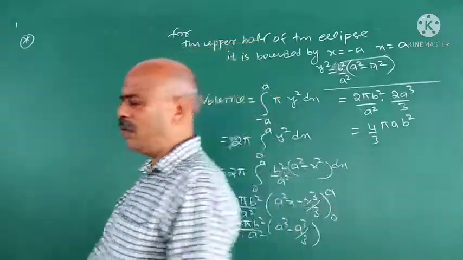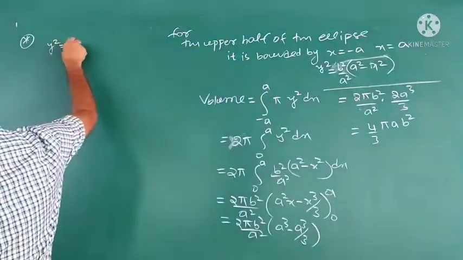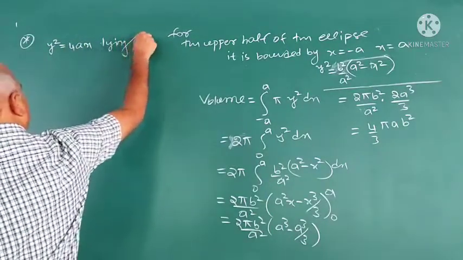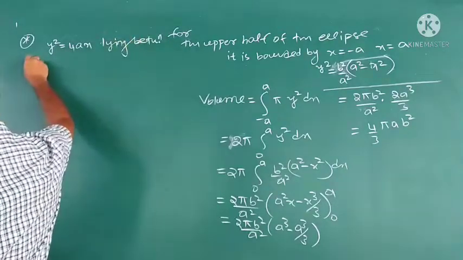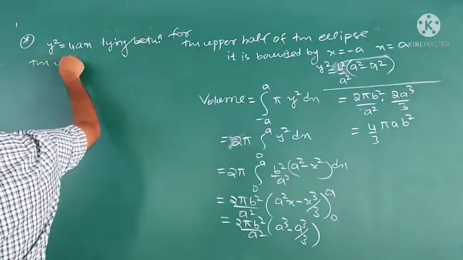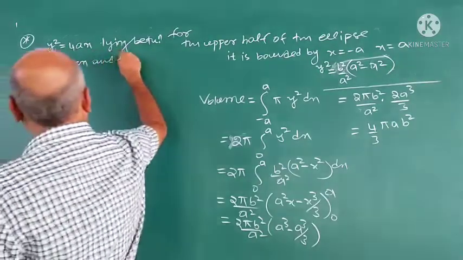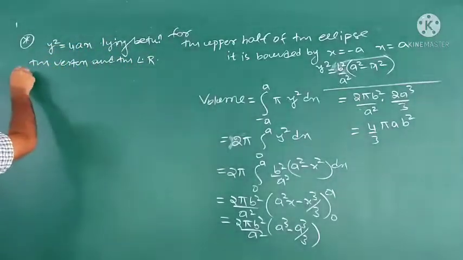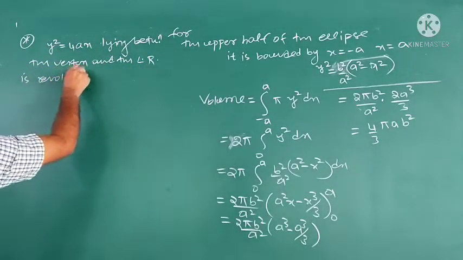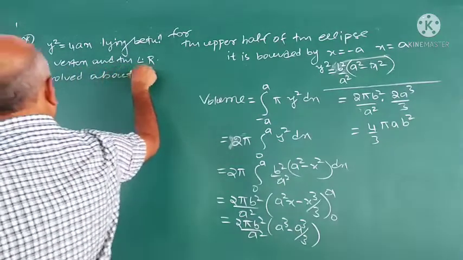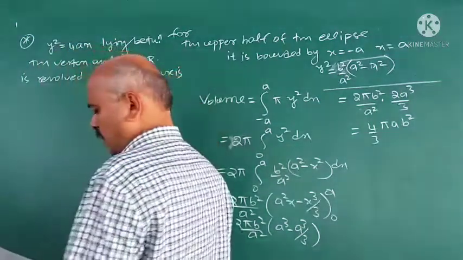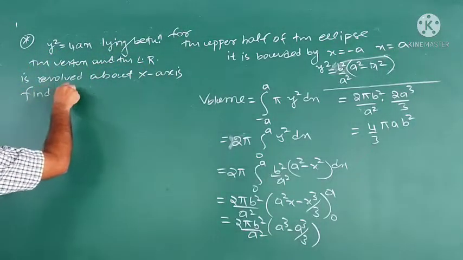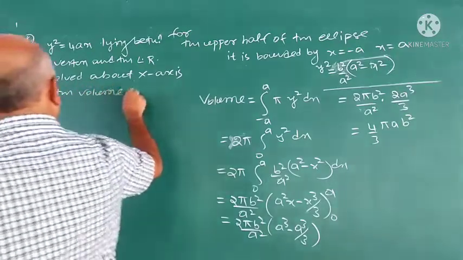The area of the parabola y square is equal to 4ax, lying between the vertex and the latus rectum, is revolved about the x axis. Find the volume generated.